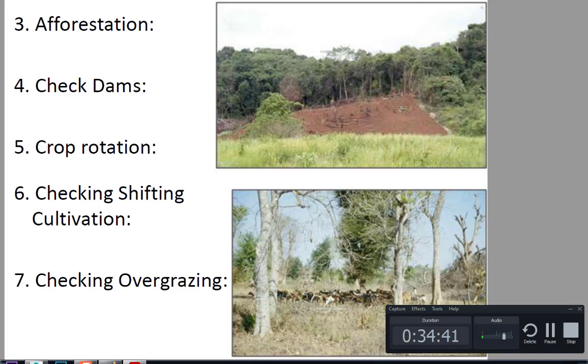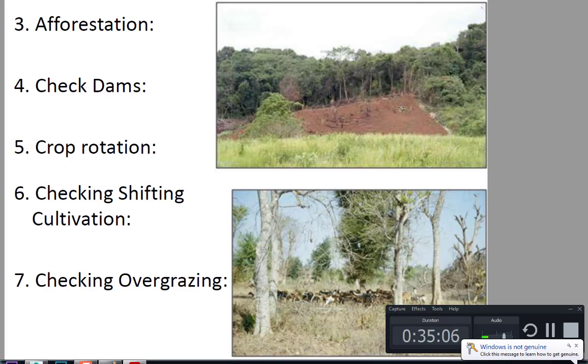We have to make the van gujjars aware also. We have to provide some basic amenities, basic infrastructure to such people like the van gujjars also, so that they can stop their overgrazing process. And the overgrazing process is also responsible for the forest degradation as well as the land resource degradation.